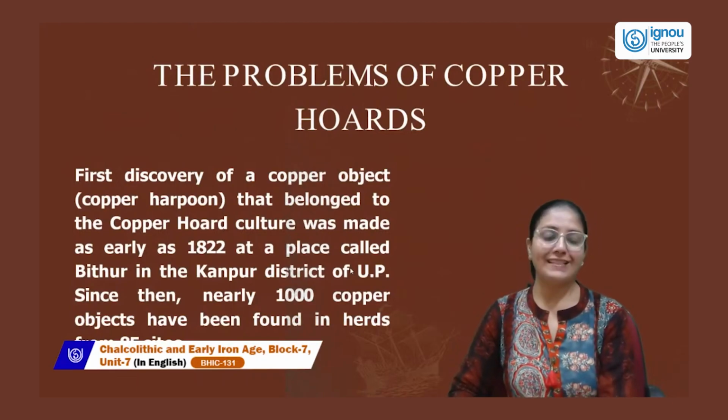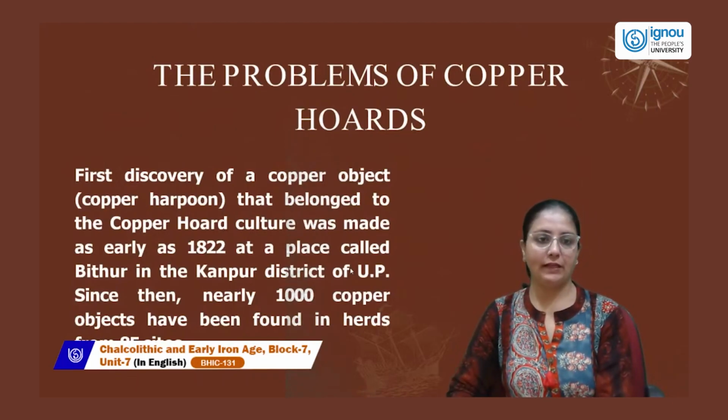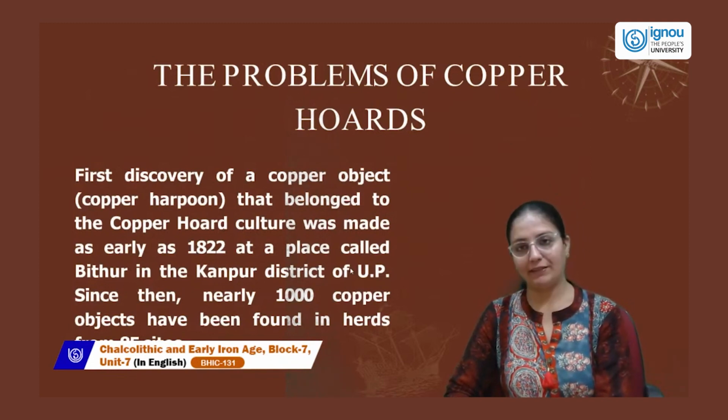The first discovery of a copper object that belonged to the copper hoard culture was made as early as 1822 at a place called Bithur in Kanpur district of UP. Since then, nearly 1,000 copper objects have been found in hoards from 85 sites.